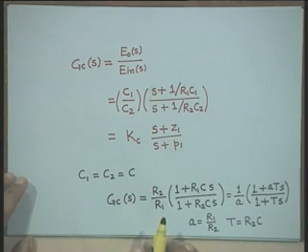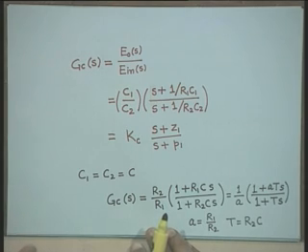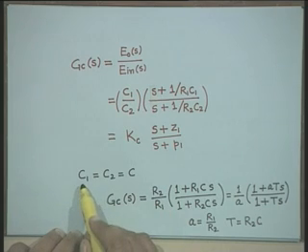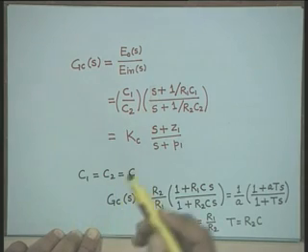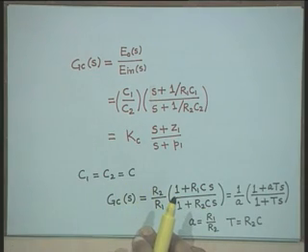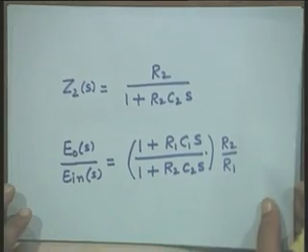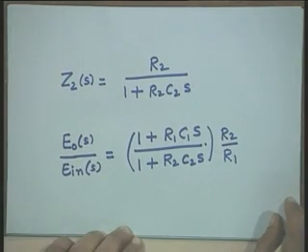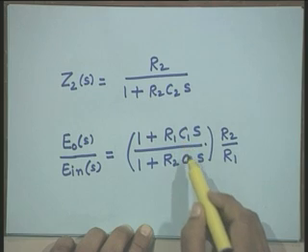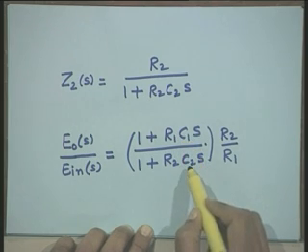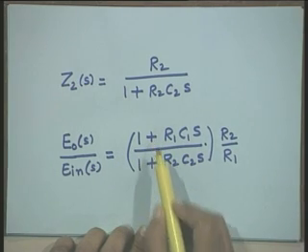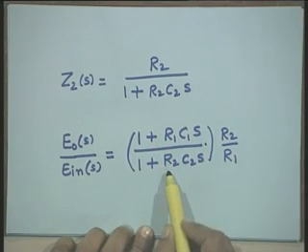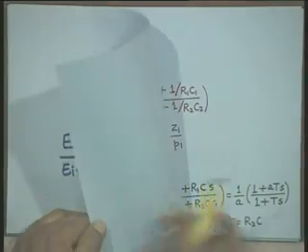Now, in order to reduce the number of independent parameters of the circuit, we can choose C1 equal to C2 equal to C. That is, these two capacitors can be chosen to be equal. Once you choose this, the transfer function can be written in this form. Put C1 = C and C2 = C, divide the numerator by R1 and the denominator by R2.